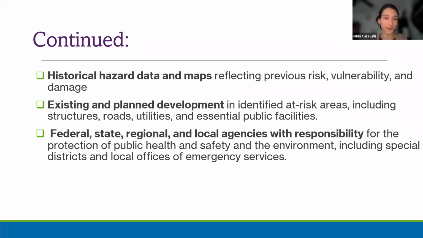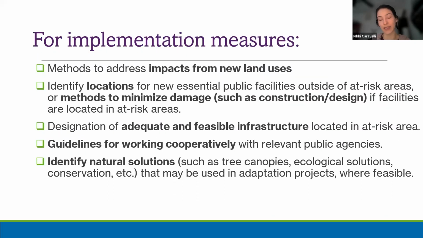Next slide. We can come back to this if folks have specific questions, and I'm happy to go into these slides in more detail. There are also specific requirements for the implementation measures, such as what types of measures you should be considering for land use, for natural infrastructure, and for collaborative work with other agencies.